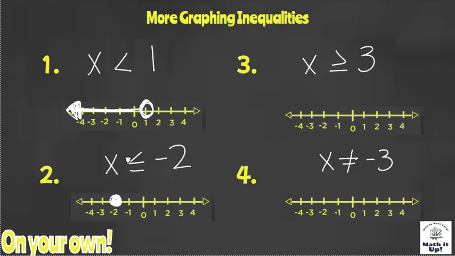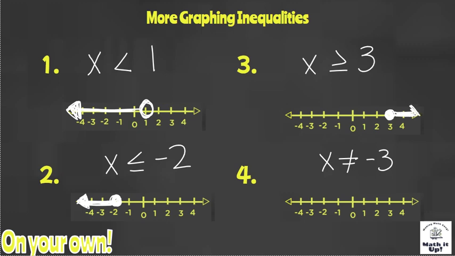X is everything that is less than or equal to -2. So I'm heading in the less than direction to my smaller numbers. And here we have x is greater than or equal to 3. Equal to I hear, so I immediately know I'm using a solid. I'm making that 3 part of my answer. And x is everything that is greater than or equal to 3.